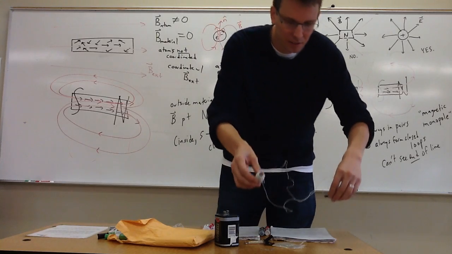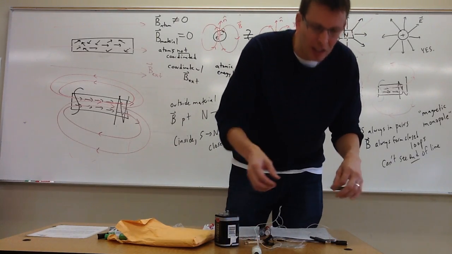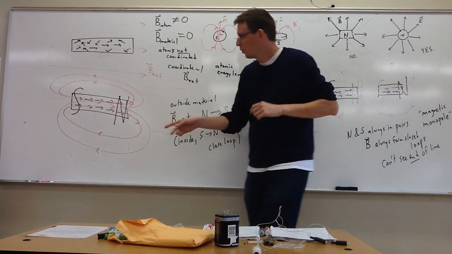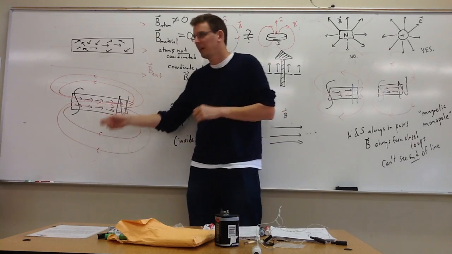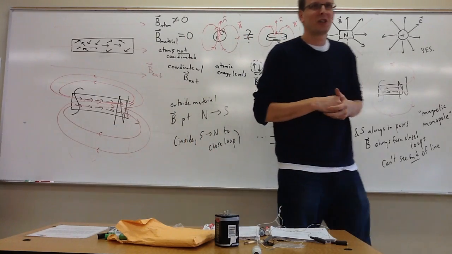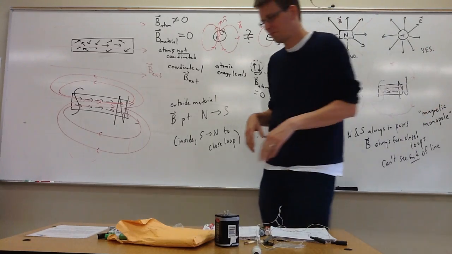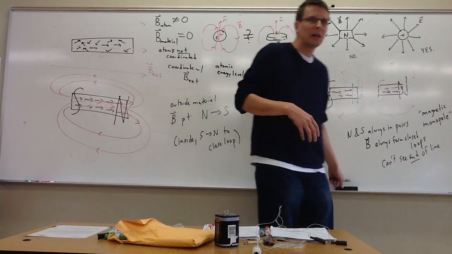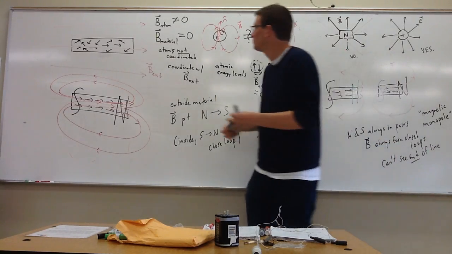Let me leave it here. We'll see how long it can last. So once you've coordinated them, you can take away the B external, and this will remain a magnet. The question is just, how long can it last? Well, this is where I mentioned a few pieces of terminology that I can just touch upon.